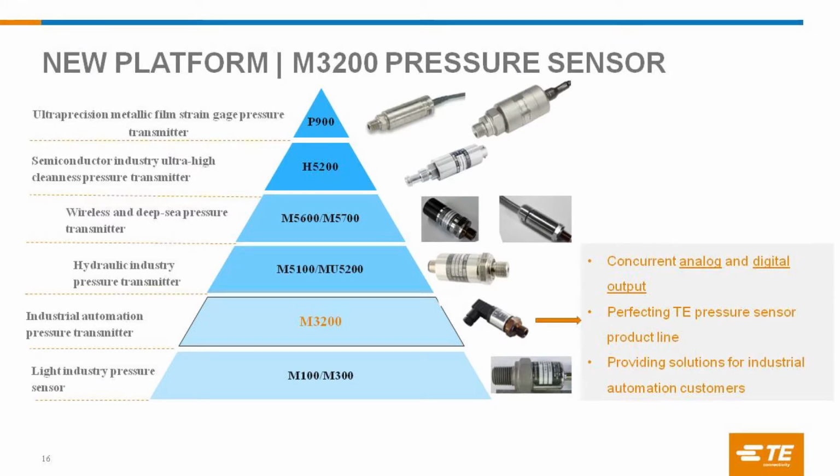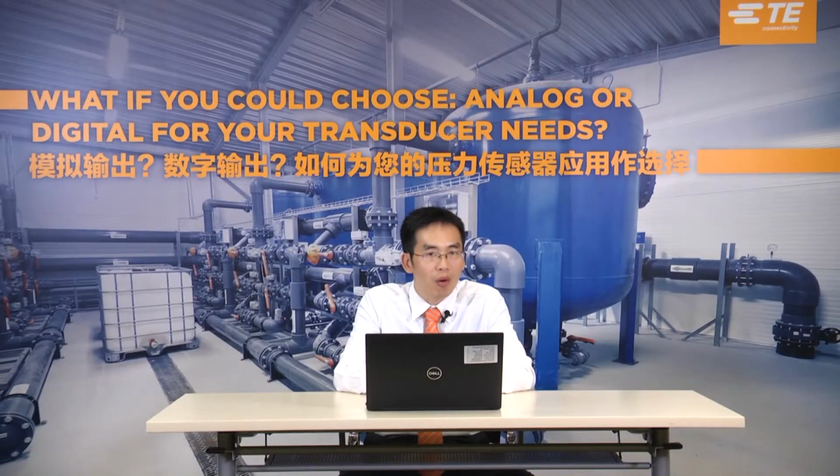This new platform, M3200, is a complement to our product lines. You can see from this pyramid, at the top level, it's the very accurate strain gauge pressure transmitter. At the bottom is the M100 and 300, the entry-level pressure sensors.